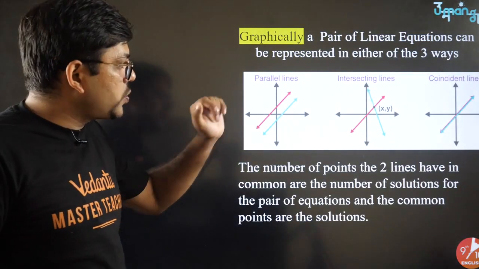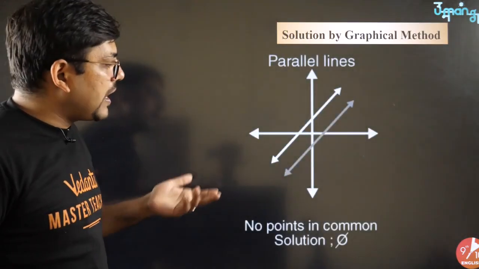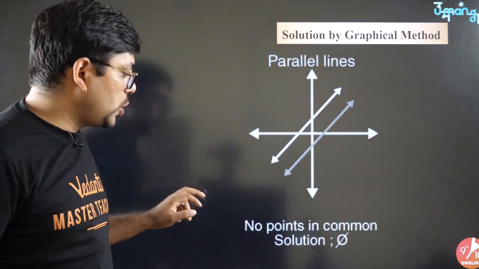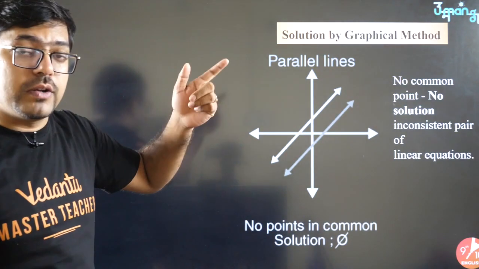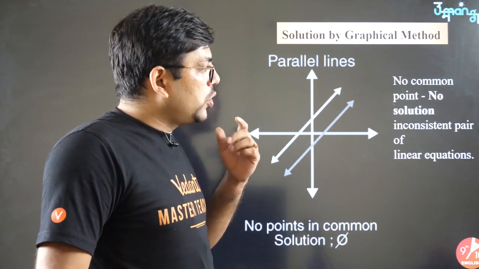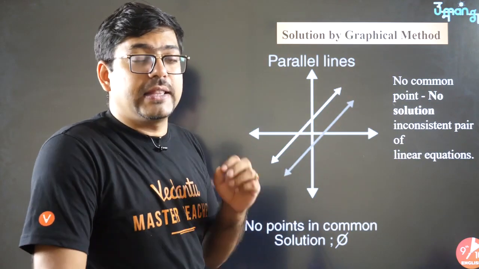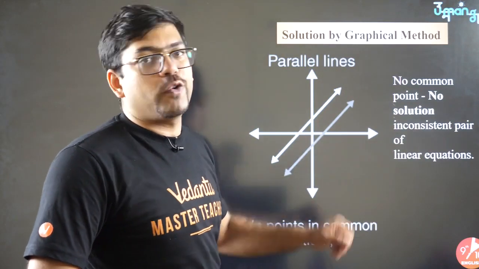So these are the two equations format. Parallel lines could be one situation, intersecting lines could be one, coincident lines could be one. Parallel lines mean no solution at all. Apart from that, sorry, one more thing I forgot to tell you. If you have no solution, that type of set of linear equations, we call it an inconsistent pair of linear equations.